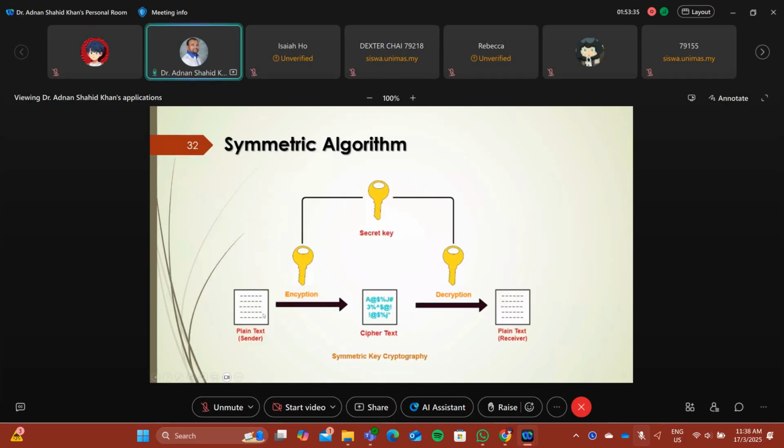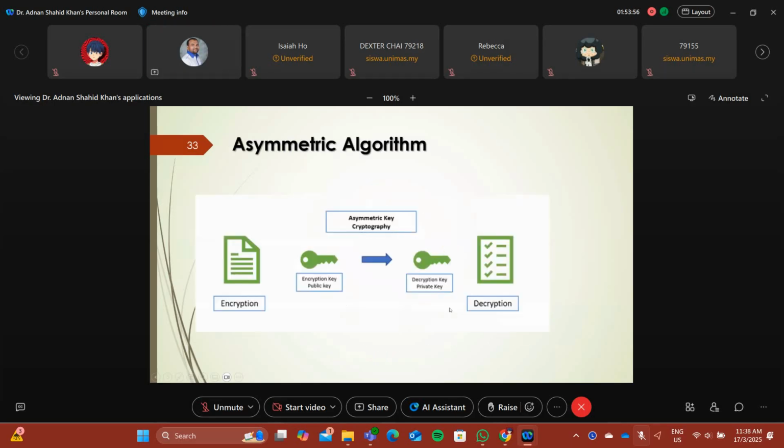We have the sender, the ciphertext, and the encryption with the key, see this yellow key. At the decryption point, we have the decryption key. With the same key, we get the plain text back. This is the symmetric key. For the asymmetric key, we have data.